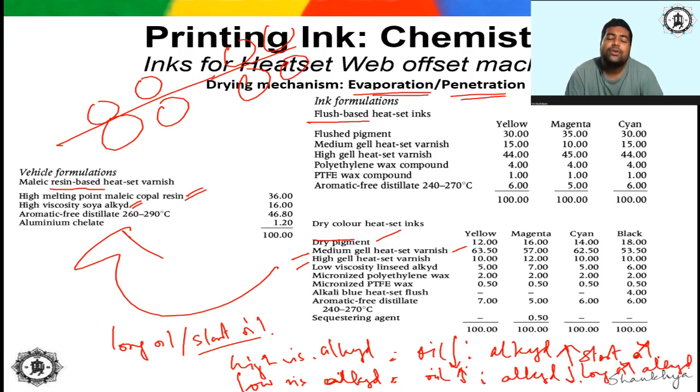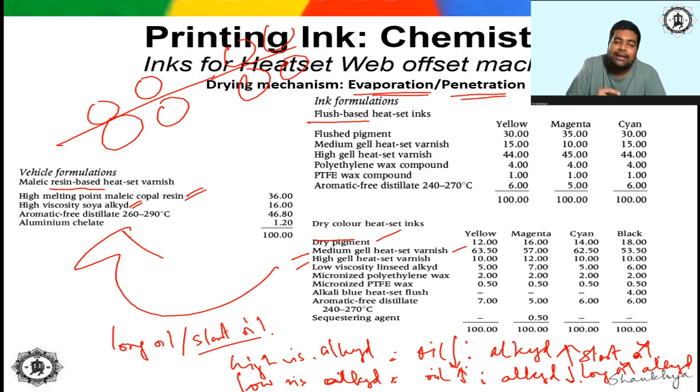So naturally, if the amount of oil during cooking of the alkyd resin is higher, and alkyd is a resin, it is very thick, very highly viscous material, right? So if that material is added in smaller quantity and the oil is added in larger quantity, naturally the viscosity of the alkyd resin will come down, because the liquid component, that is the oil component, is higher than the solid component or the paste component, right?